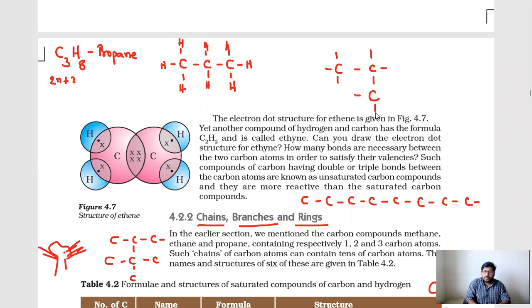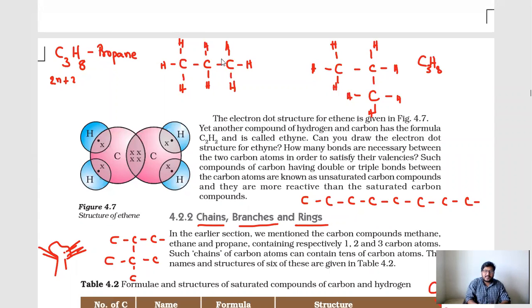Now draw hydrogens: first, second, third, fourth, fifth, sixth, seventh, eighth. Yeah, 3 carbons, 8 hydrogens. Just the structure got changed, but there is no change in its formula, right?